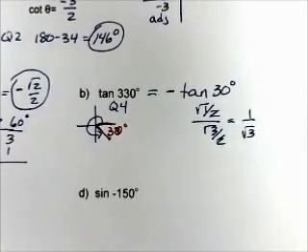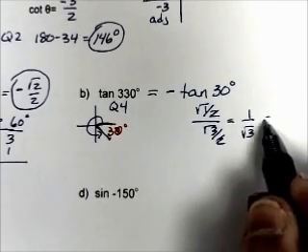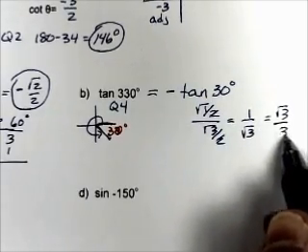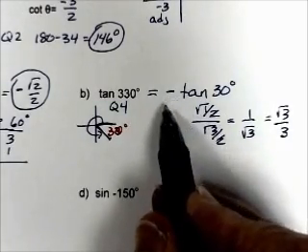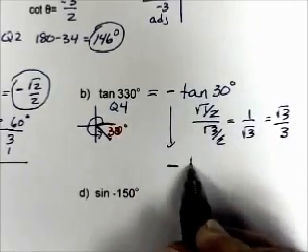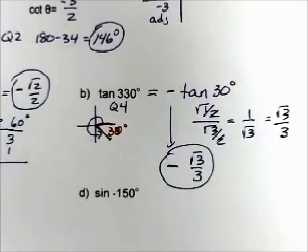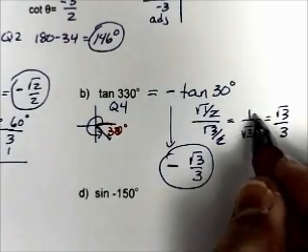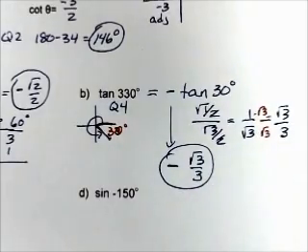Rationalize that denominator, so we multiply by square root of 3 over 3, and we get square root of 3 over 3. Let's not forget it's negative tan 30, so let's bring down our negative. So this is negative square root of 3 over 3, our exact value. And I didn't show that rationalizing by multiplying by square root of 3 over square root of 3. I'll try to fit it in there.